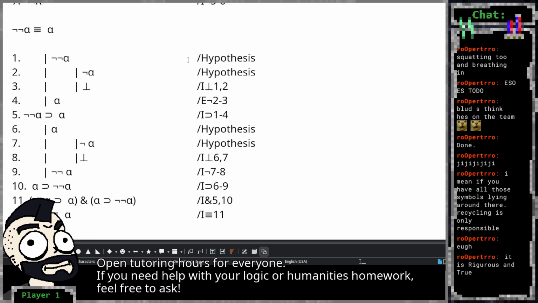Real mathematics are not about crunching numbers. Real mathematics are about exploring the structural relationships within systems. And in this system, the structure that a formula is equivalent to saying not that formula, or it is false that formula, that is a valid and proven structural relationship between these formulas.